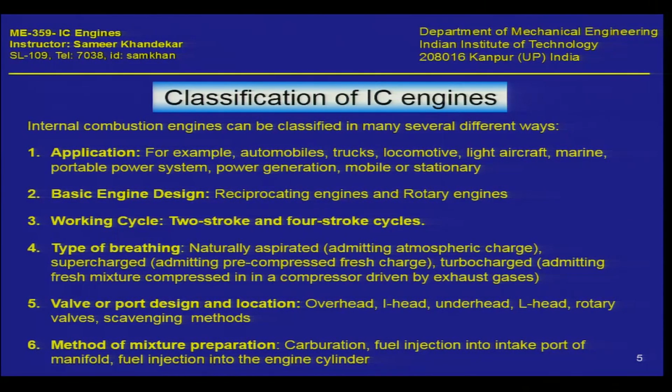Typically in a 2-stroke engine, the intake air actually helps you to push the exhaust out, because you have only 2 strokes to complete the 4 thermodynamic processes. So there is always an overlap between the suction or intake of the next cycle and the exhaust of the previous cycle. So you take the help of the incoming fresh air to push the exhaust out, and that typically happens in a 2-stroke engine.